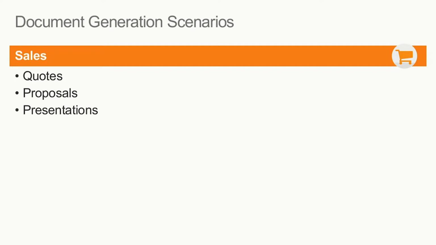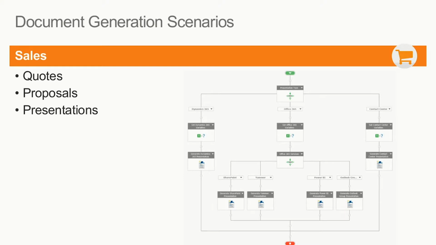One of the other nice things is that we think about Word documents and PDF documents a lot, but with document generation activities we can also put together simple flows where we have a presentation request. You have account executives or sales personnel that come in and say, I really need to provide a customized proposal or presentation to a client based off of Dynamics or Salesforce, or maybe even a different segment inside of Office 365.